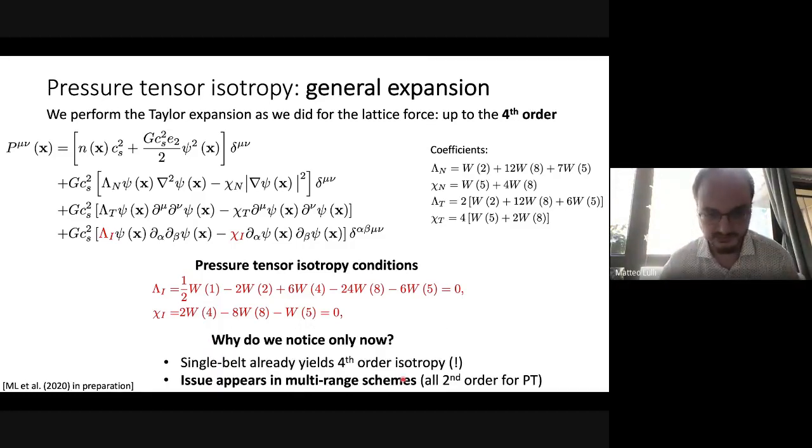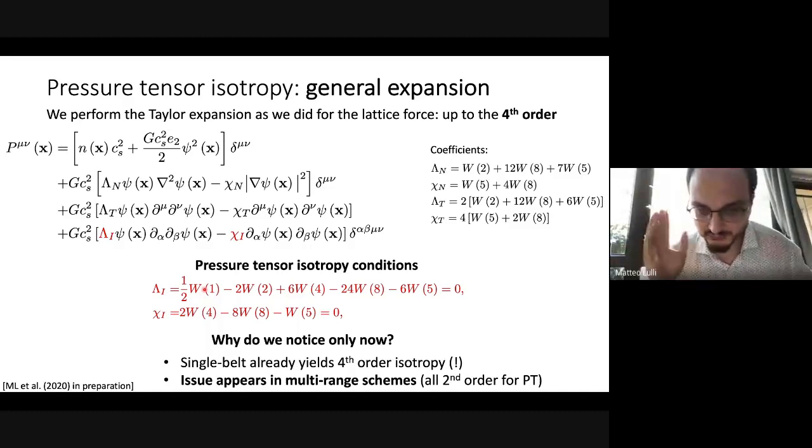The answer is that, of course, many people have already worked on isotropy of the pressure tensor before, coming from Shan-Chen. We notice only now because the single belt, which has been mostly used, already yields fourth order isotropy. In fact, as you can see, chi is automatically 0 because all these weights are 0 for the single belt, whereas lambda I automatically reduces to the forcing isotropy condition.